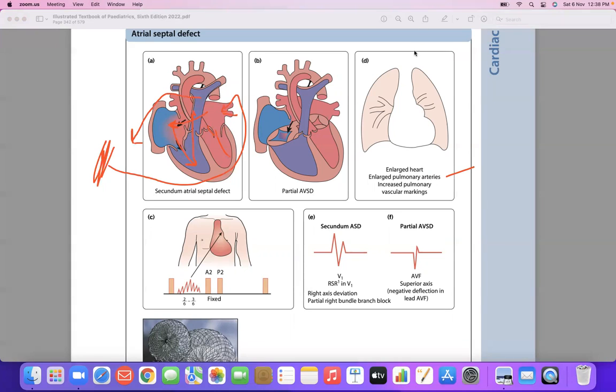So ultimately you will have cardiomegaly, that is an enlarged heart, because of increased flow through the pulmonary arteries, enlarged pulmonary arteries, and increased pulmonary vascular markings in the lungs. If you remember the pathology, you can remember the chest X-ray findings.